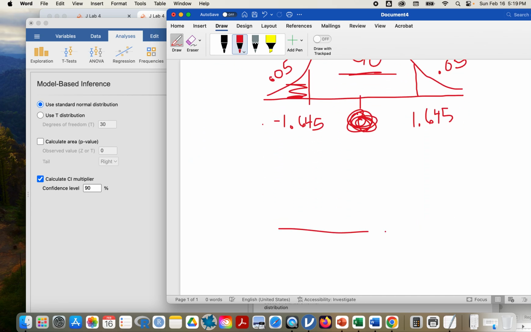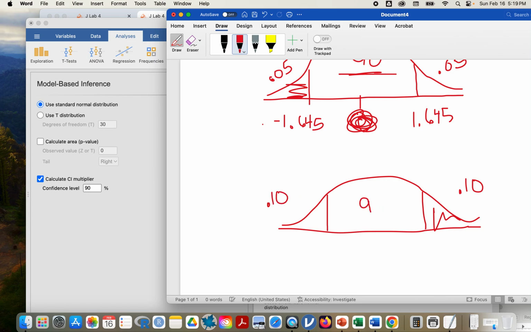Let me give you another example. Suppose your alpha is 0.10 and it's a right-tailed test. So over here, this area is 0.10. Pretend that the other tail has 0.10 in it as well. Then what you put here would be 80%, because 0.10 plus 0.10 is 0.20, and what's left is 0.80.